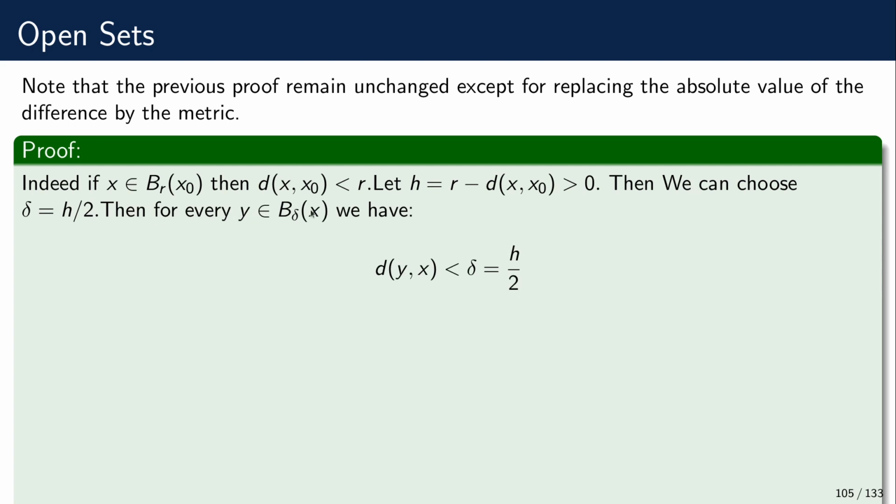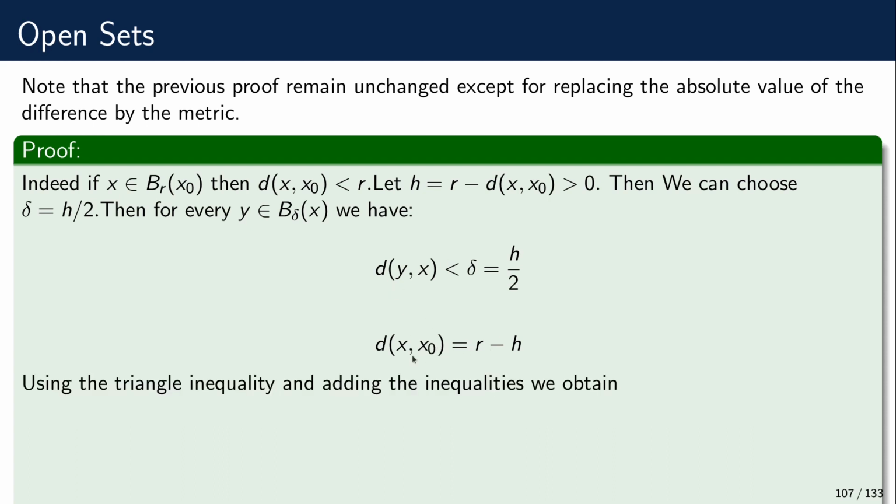Now for every point in this ball with radius delta around x, any y that lies in this ball satisfies that the distance of y from x is smaller than delta, which we have chosen as h over 2. So this h is actually, so to say, the distance to the boundary, okay? And the distance of x from x0 is r minus h. Now we add those two and use the triangle inequality for the metric. When we add those two, this is what we get. On the one hand, this is h over 2 plus r minus h, which is r minus h over 2. h is a positive number, so this is strictly smaller than r.